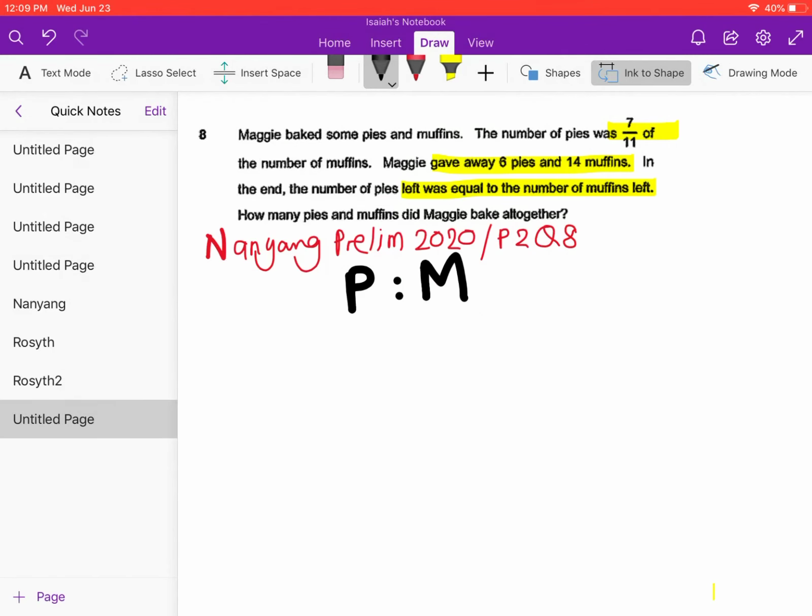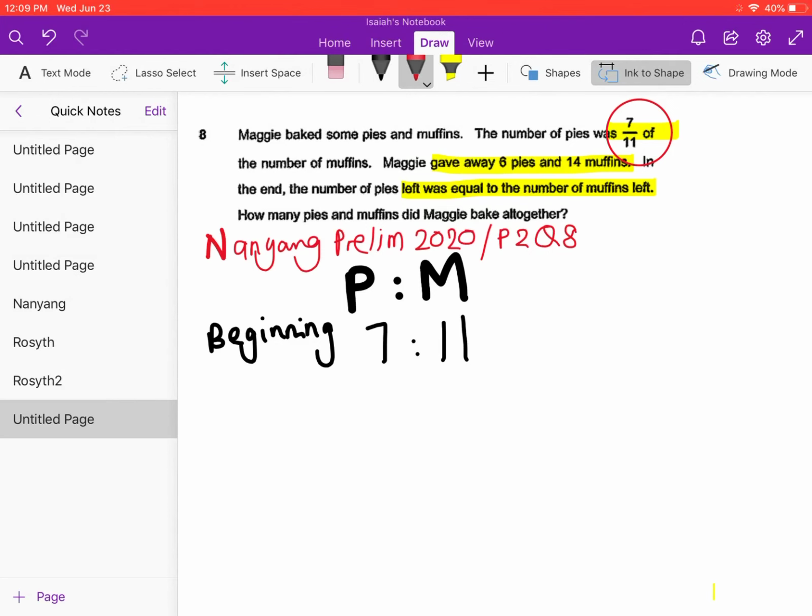Alright, so at the very beginning, she has baked 7 units of pie and 11 units of muffins from the information given in the question. 7 out of 11 of the number of muffins were pies, meaning that there were 7 pies and 11 muffins.